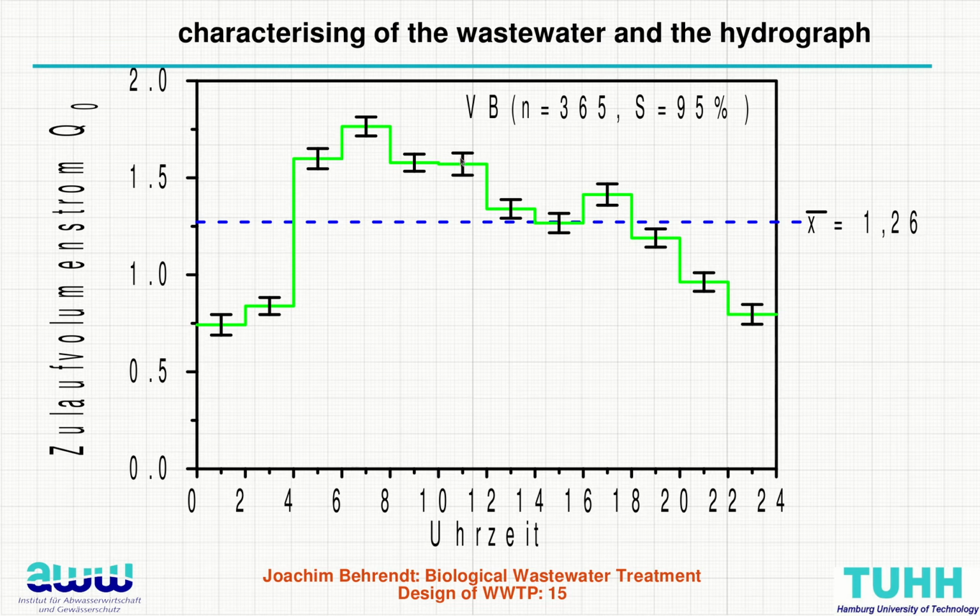Here the confidence interval is given, because there are many values; it is quite small. If you know that at 4 o'clock everything is quiet, and then at 6 the water comes to the wastewater treatment plant, maybe with a load, then you can switch on the aerators in advance and so on. You have this additional information, and also the total mean value, which you can extract from your data.